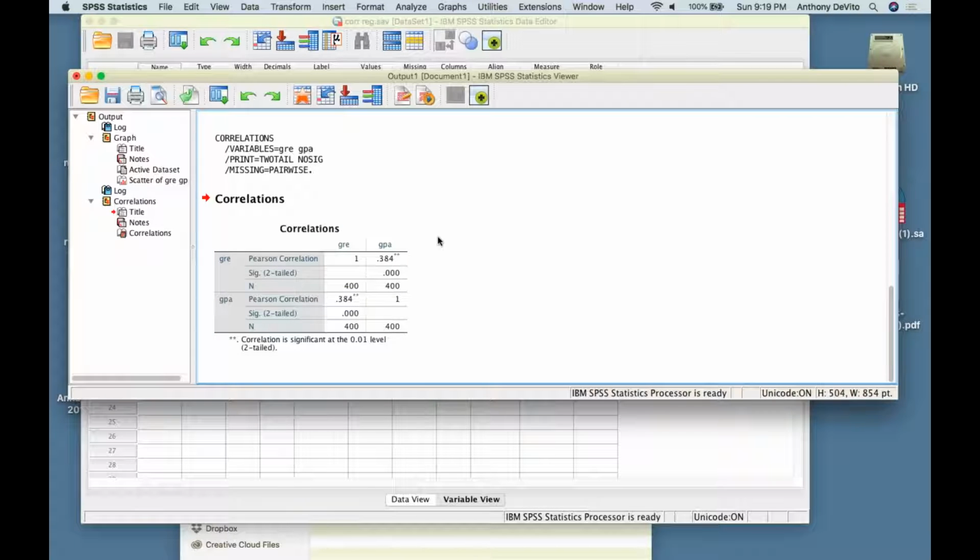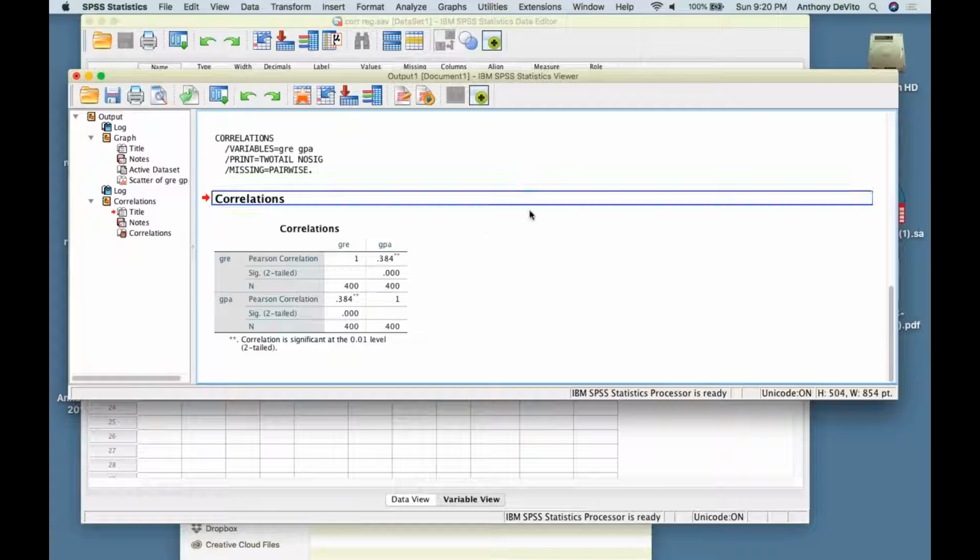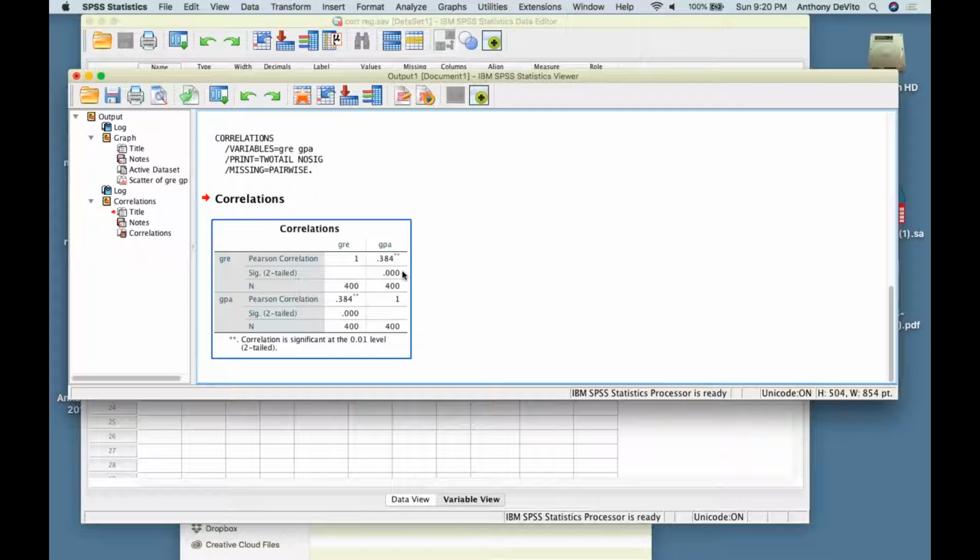That R, remember our assumption is there's no association, no correlation between these two values. Well, that's the same thing as R, that correlation coefficient, being equal to zero. Well, in this case, notice it says no, it's different. It's 0.384, that R value, right? So that R value is 0.384.